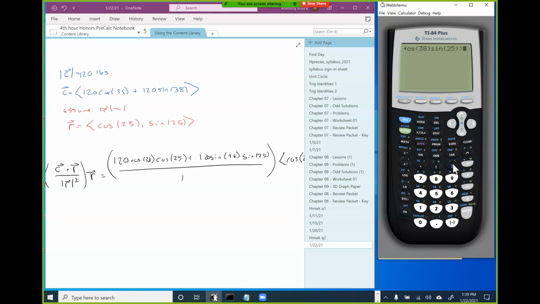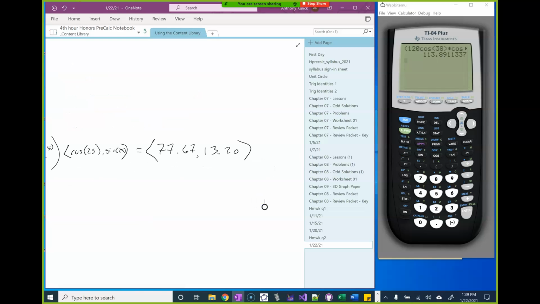So I have the dot product, and then that is times cosine 25. That looks better. 113.89 is my first component.